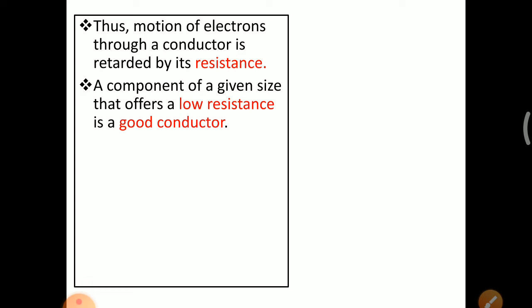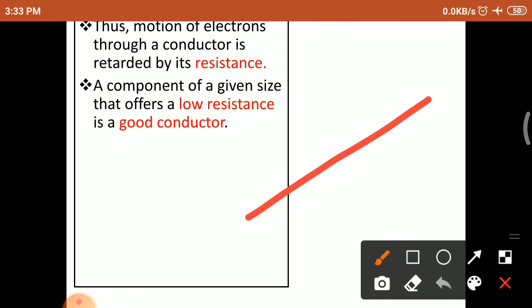A component of given size that offers a low resistance is a good conductor. If you take a conductor that has a low resistance, it allows more electrons to move.